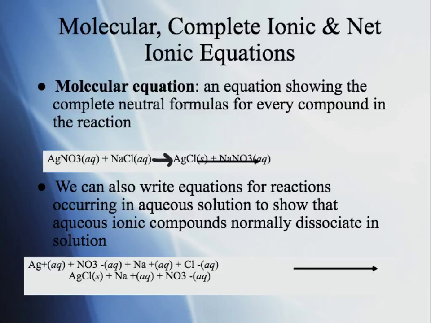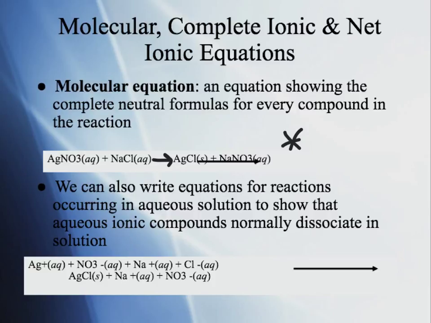So everything is there. It's the complete neutral formulas. There are no ions shown. We have all the symbols. Bam. That's a molecular equation. That's what you're used to, what we practiced in the first half of the lecture.